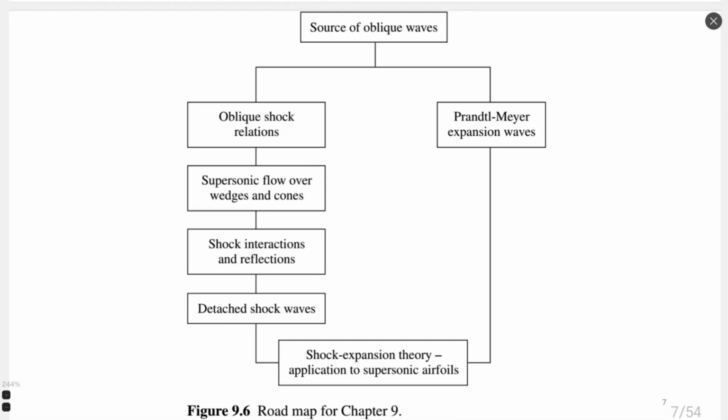And after that we talk about Prandtl-Meyer expansion waves, a flow model that allows us to calculate the flow properties using a disturbance model. It's a very different model from what we saw until now, so it's quite interesting in my opinion.